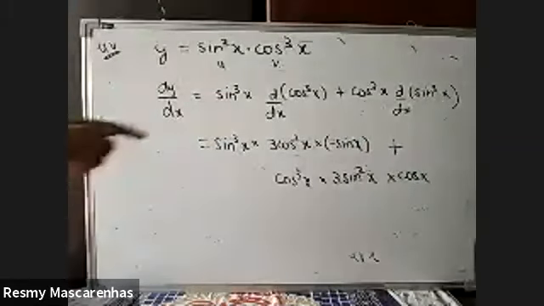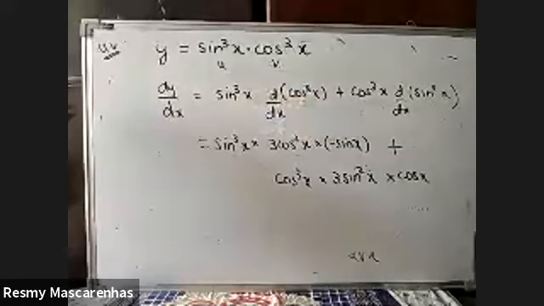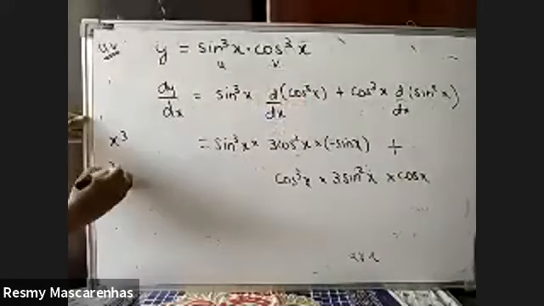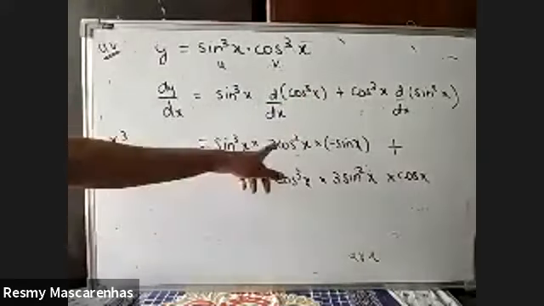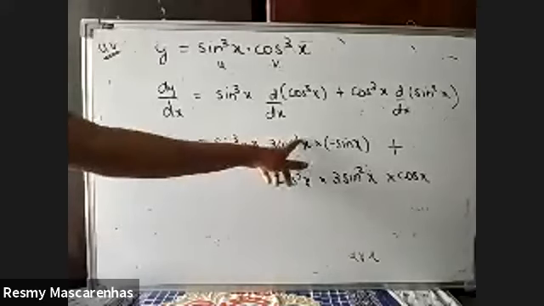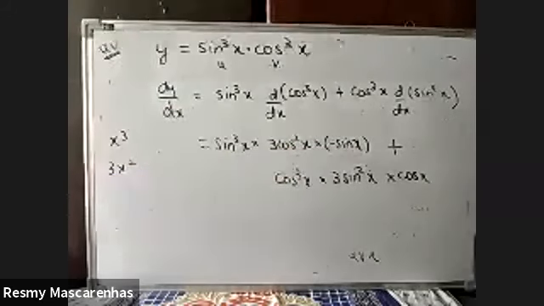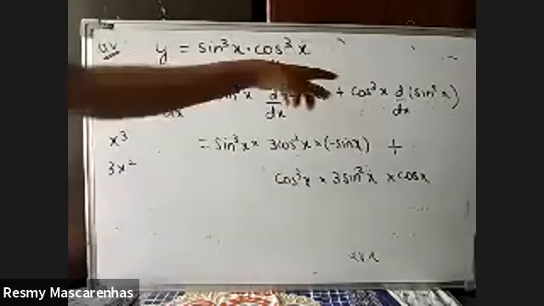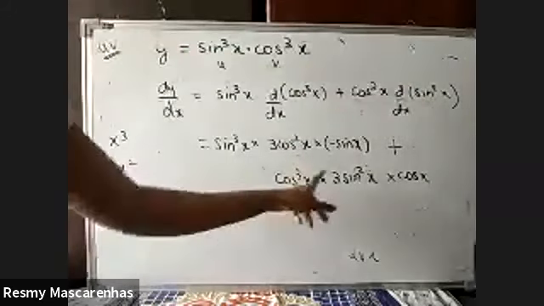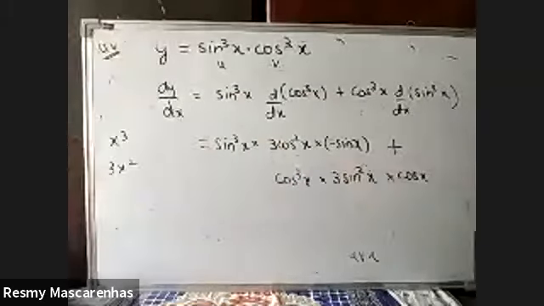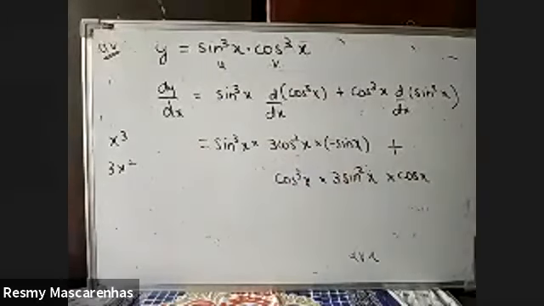So again I'm repeating, this is in the form of x cube, so it will become 3x square. But this is not x, it is cos, so extra derivative of cos is minus sin. Same way, sin cube x will be 3 sin square x into the derivative of sin, which is cos x.